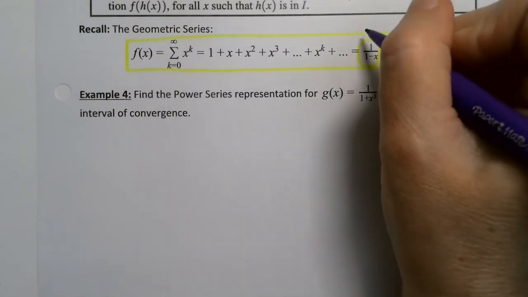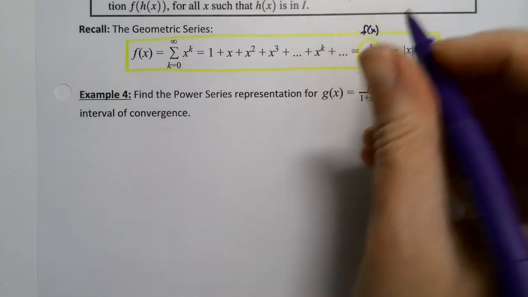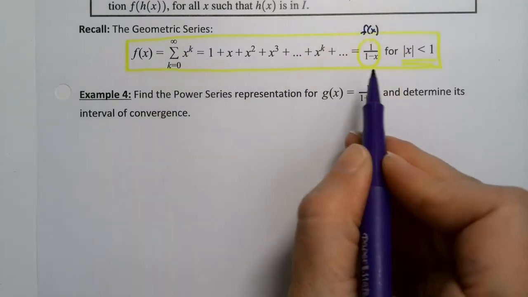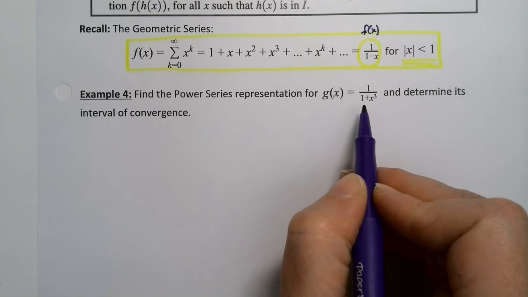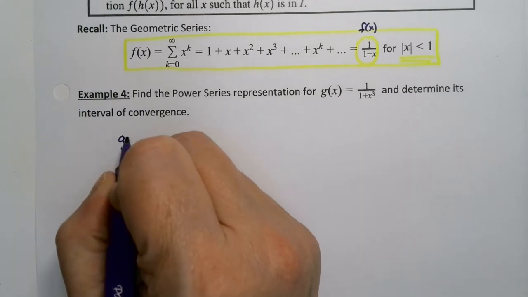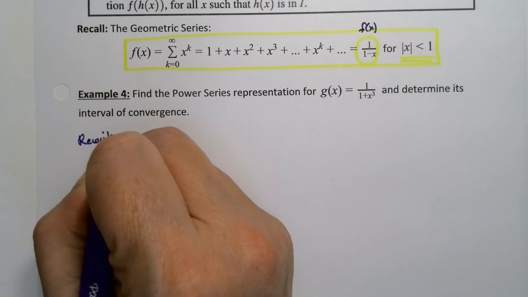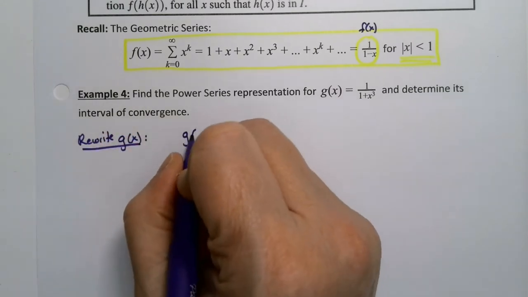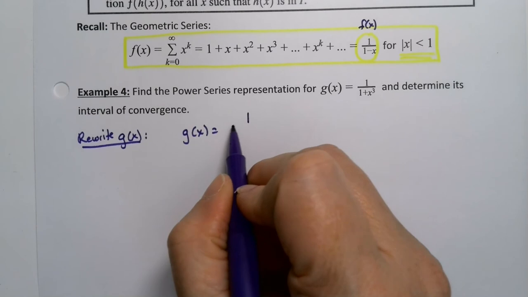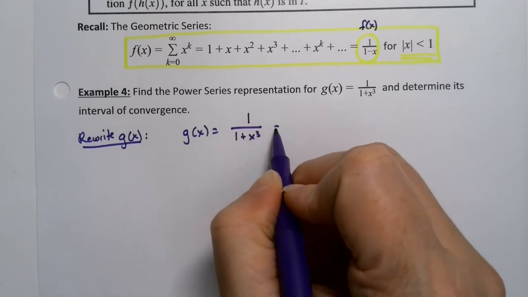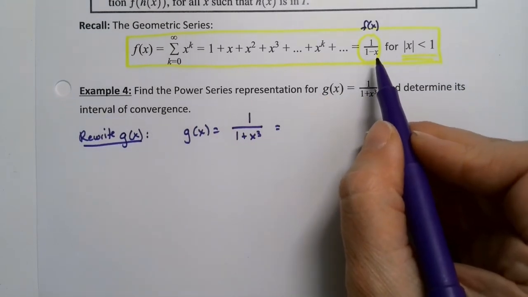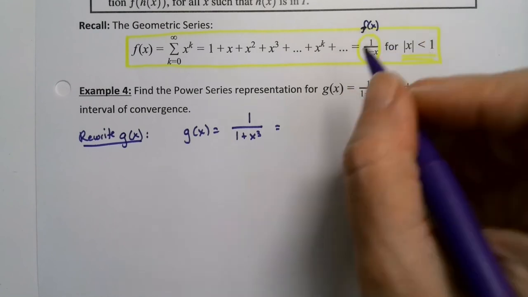Okay, so where we're going to start is by comparing these two, because that's my function, f of x, right here. Here's f of x, and it's also all of this, right? It's both things simultaneously, and here's g of x. So I'm going to rewrite g of x. G of x is equal to 1 over 1 plus x cubed. I want to get it into the same form as f of x. So I want a subtraction.